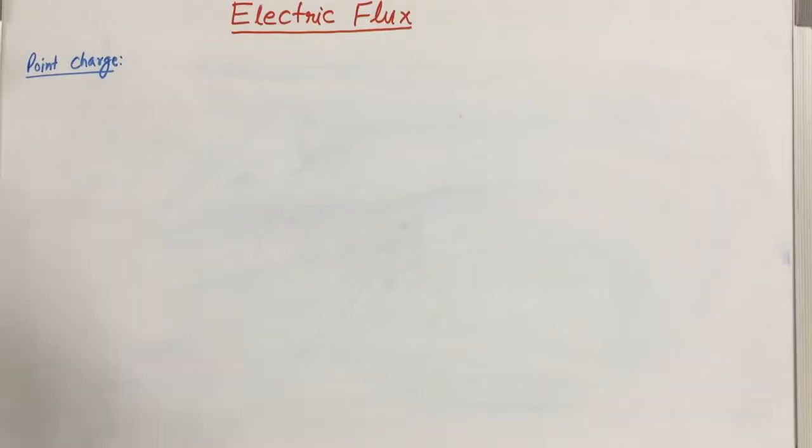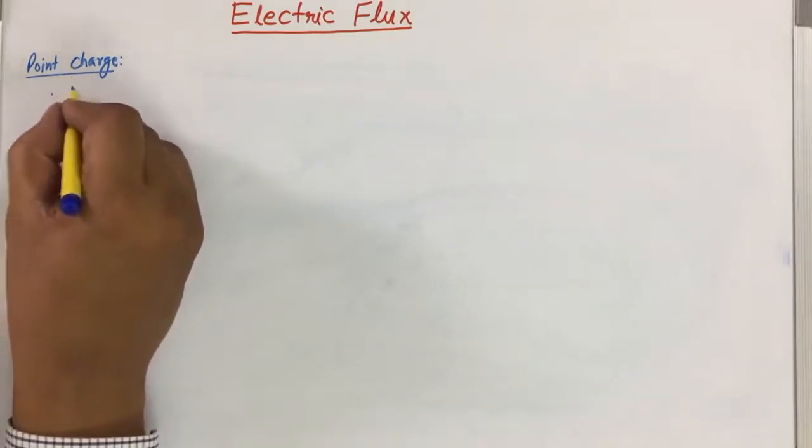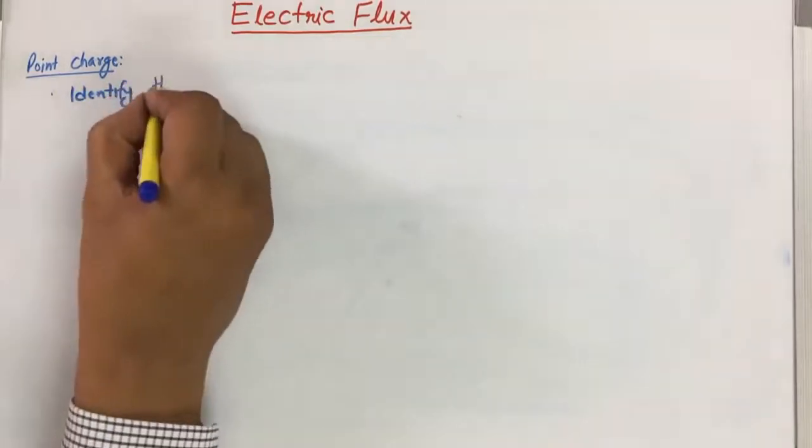The first one is, it is mandatory to identify the Gaussian surface.